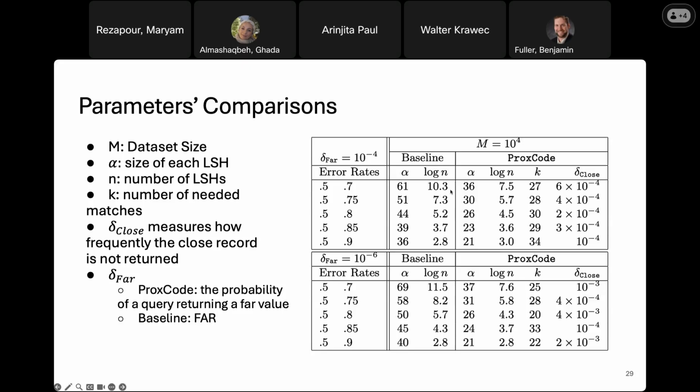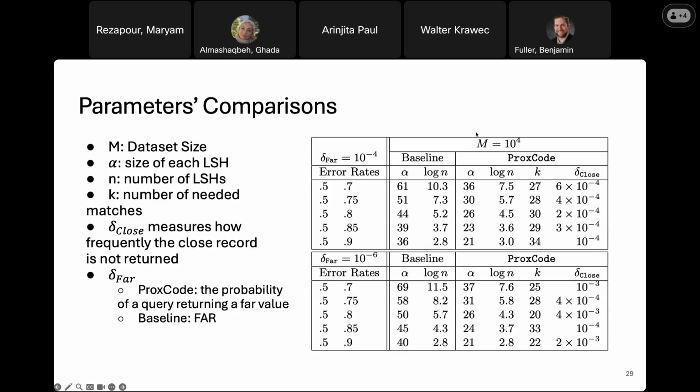What are those error rates? When I was introducing the LSHs, we had epsilon F and epsilon T. Epsilon F was the probability that the far records match, and epsilon T was the probability that the close records have the same LSH evaluation.